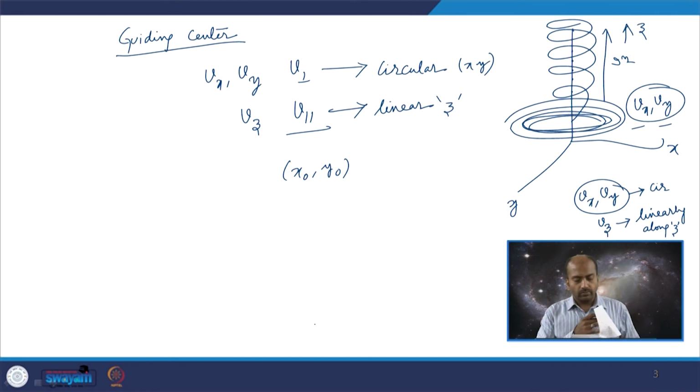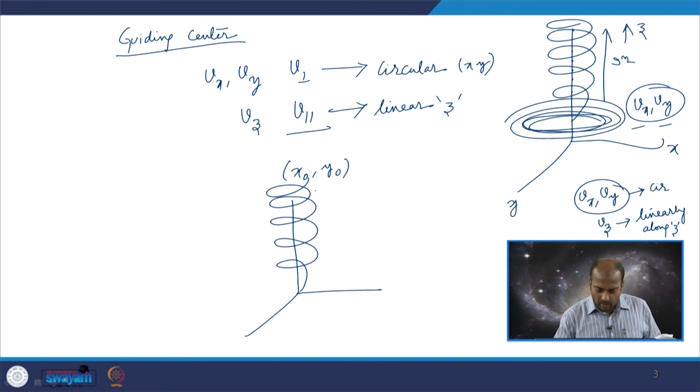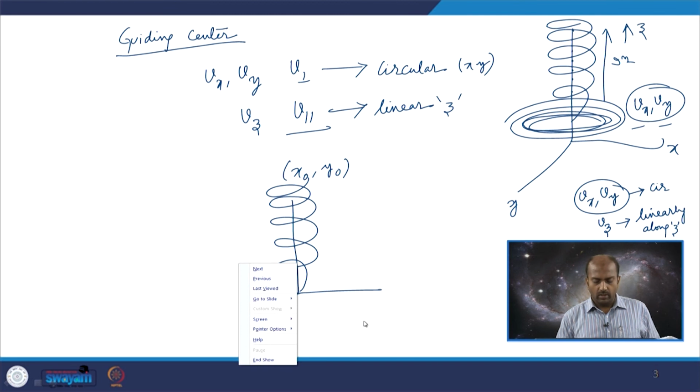Now, we can write. What you see here, if you look carefully, is the guiding center around which the particle is moving.